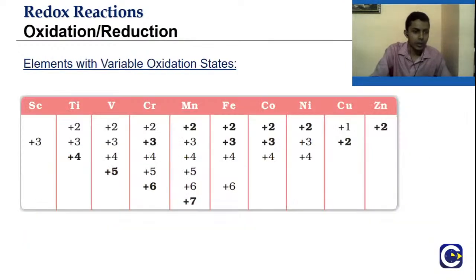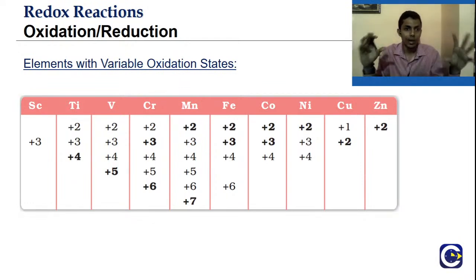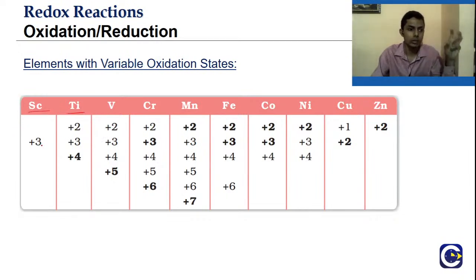Clear? So in oxidation number rules, we didn't have a fixed oxidation number specifically for transition elements. Why so? Because these transition elements have variable oxidation states. Sometimes they will have +2, +3, +1, +4, depending upon which atom it is combining with and what type of reaction.